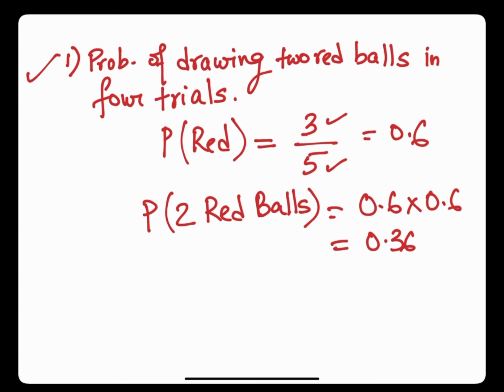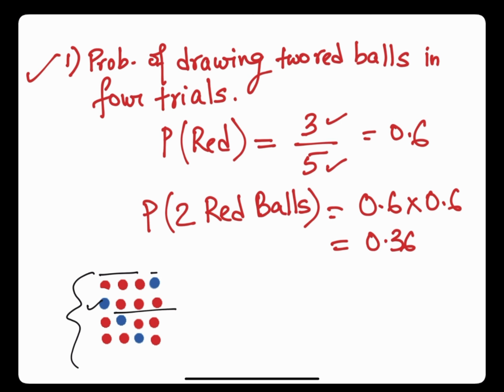But what about drawing three red balls? To find the probability of getting three red balls, we now need to consider all the possible sequences in which these balls could be drawn. So we have all the combinations here. It could be three red balls in the beginning and then one blue ball, or the first is the blue ball and the next three are red balls, and so on.